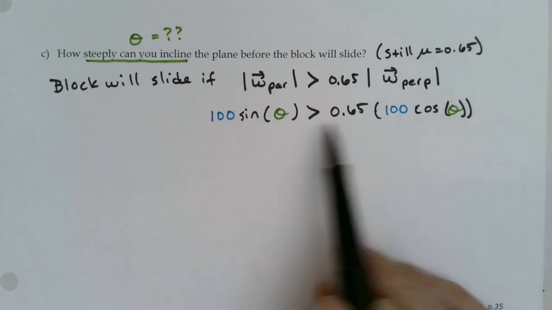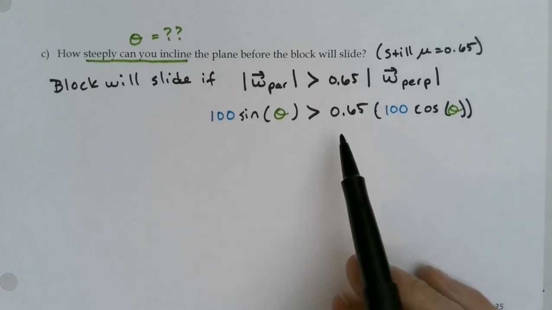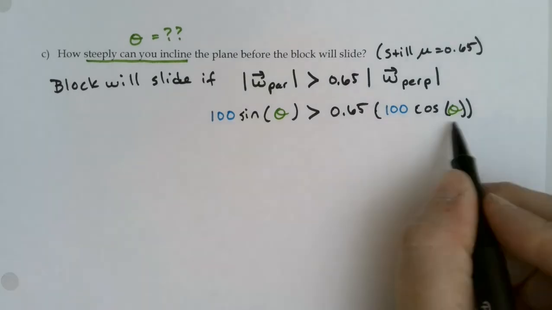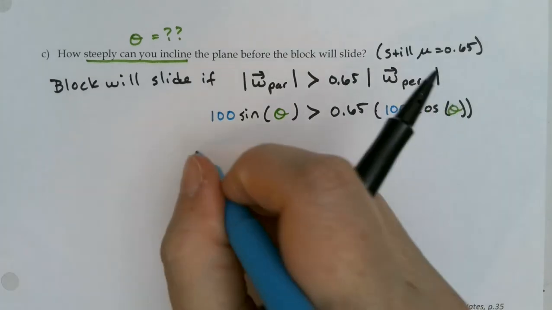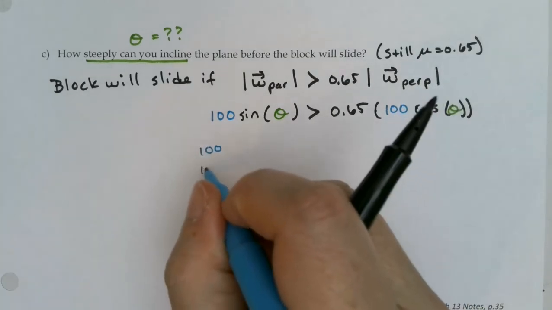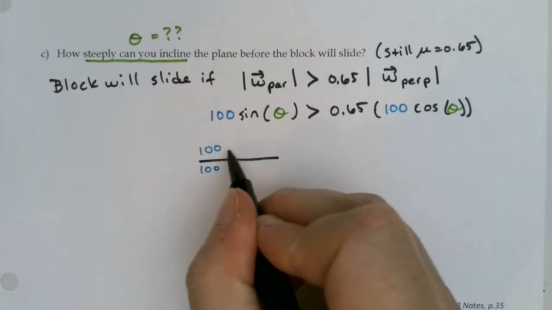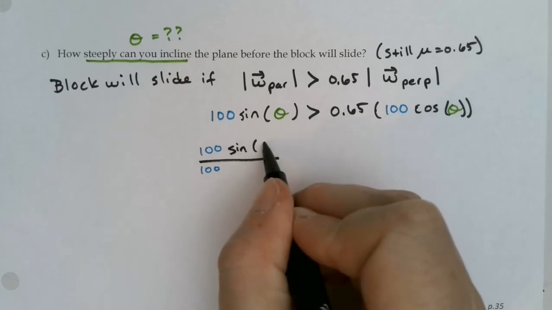The first thing I want to do is get the two thetas together. So I'm going to divide both sides by 100 cosine of theta. That gets me 100 sine of theta over 100 cosine of theta.